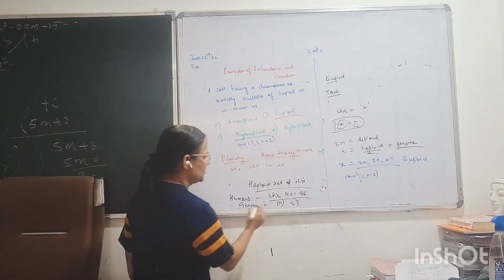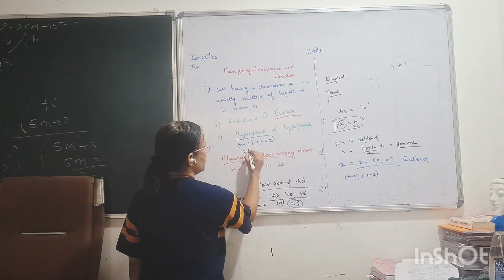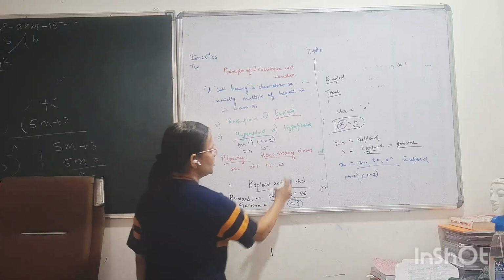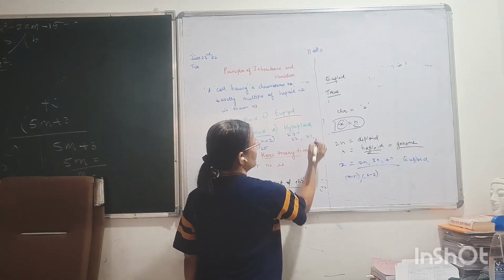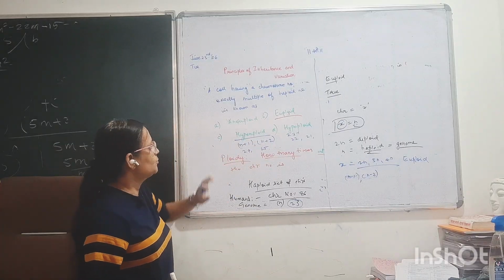So if you are having 23 chromosomes in the haploid set, in hyperploidy I will get 24 or 25 and so on. In hypoploidy I will get 23 minus 1, that is 22, 21 and so on, right? So this is hypoploidy and hyperploidy.